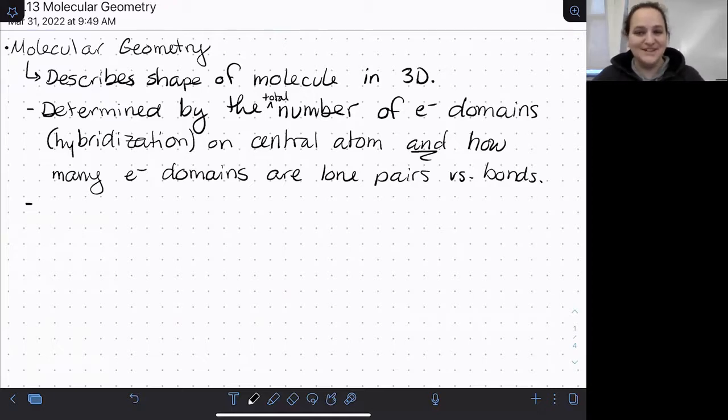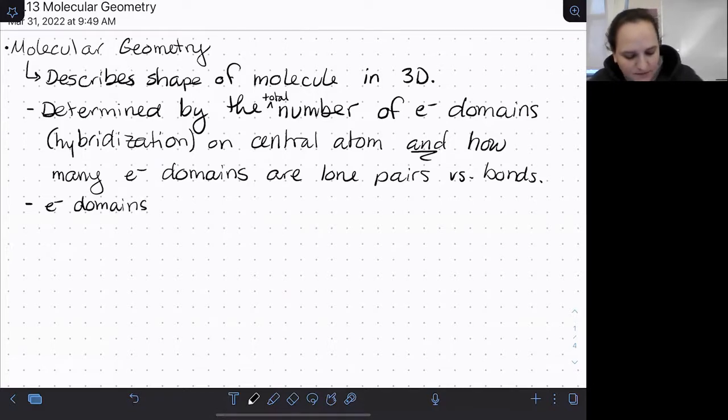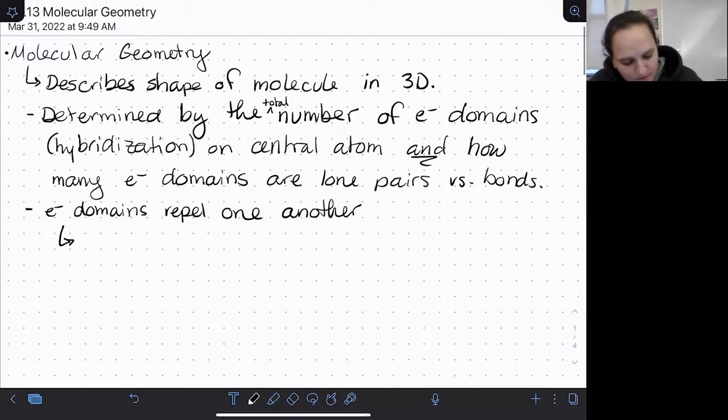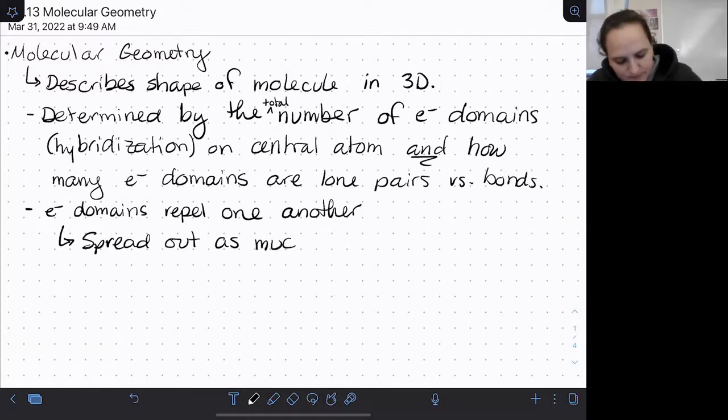As their name suggests, electrons are all negatively charged, and like charges are going to repel one another. So the electron domains all repel one another, which means that they are going to spread out as much as possible around the central atom in 3 dimensions.